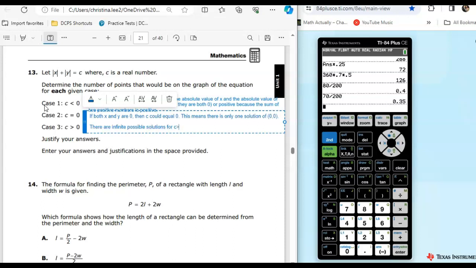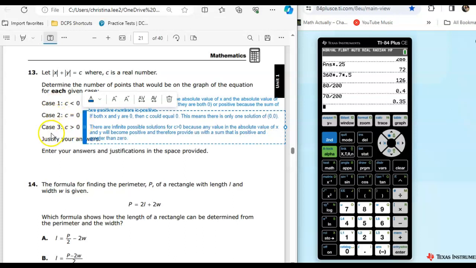for c to be greater than 0, because any value in the absolute value of x and y will become positive and therefore provide us with a sum that is positive and greater than 0.